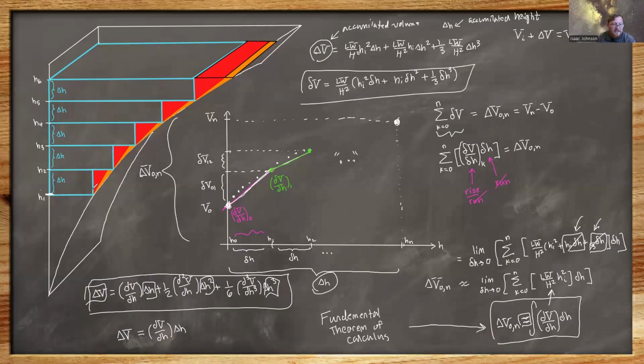Right, as with the triangle example, the larger your delta H, the larger that triangular wedge term gets, the larger the quadratic wedge term gets, you can no longer neglect them.